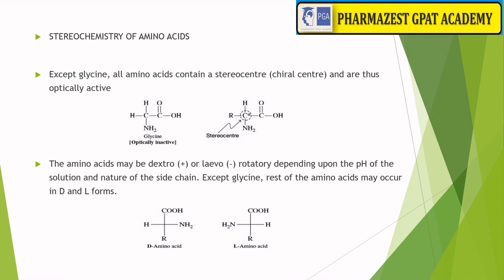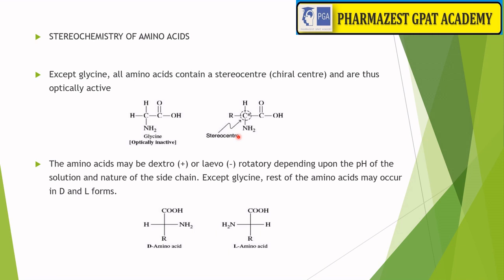Remaining all amino acids contain at least one stereo center, hence they are optically active. See the difference in glycine. Due to the presence of two identical atoms on the carbon, this carbon cannot be taken as a chiral center, whereas in other amino acids there is a stereo center because it is attached to an R group where hydrogen is replaced by R.